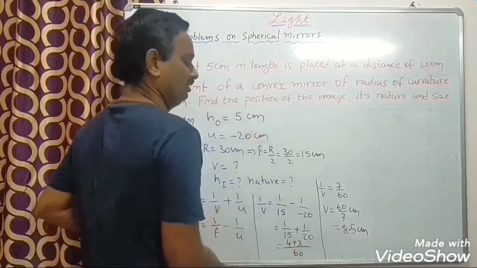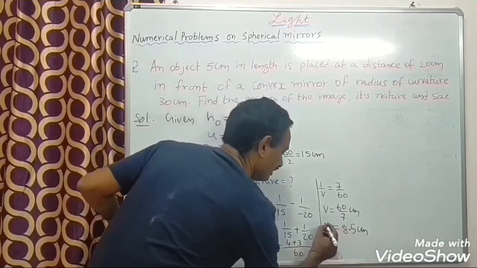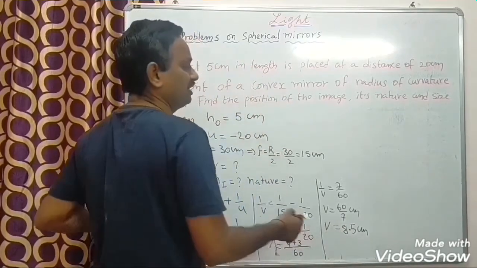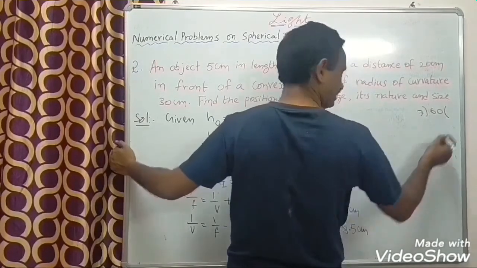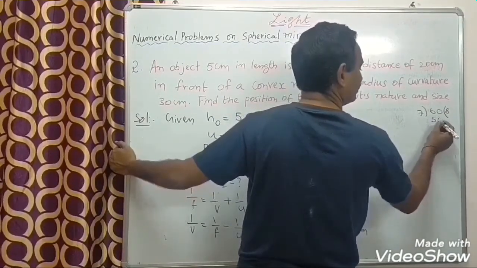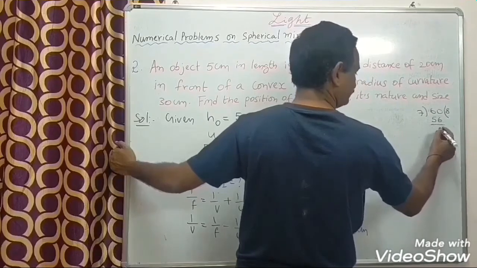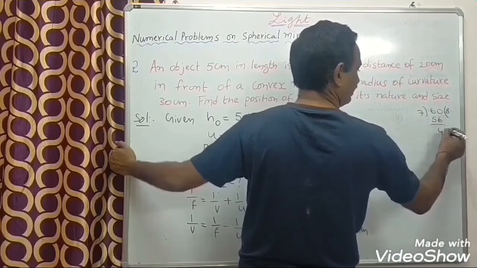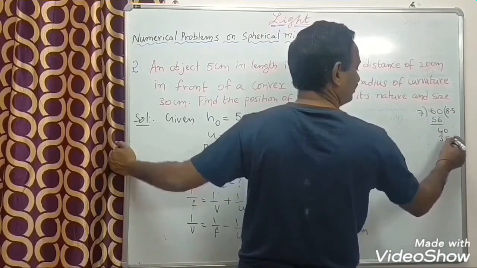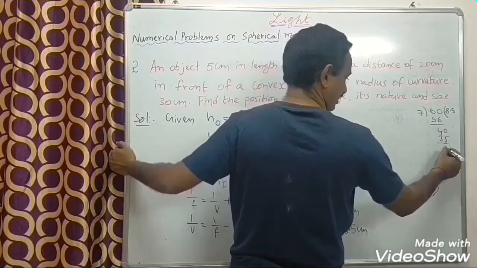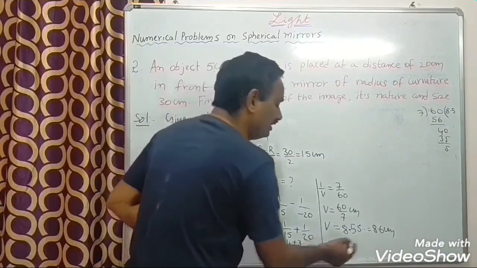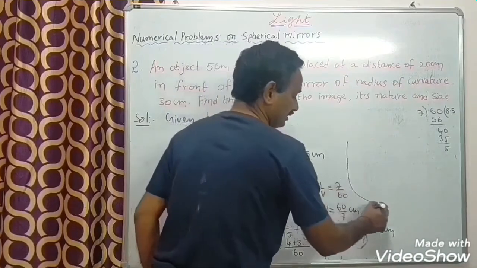If you have doubt, look here: 60 by 7, 7 8s 56, 4 remainder, 40, 7 5s are 35, again you will get 5 only. So v equal to 8.6 centimeter.